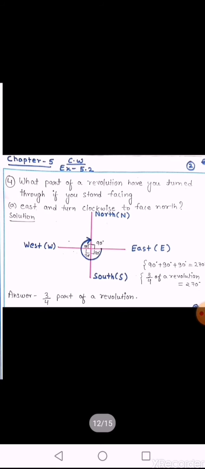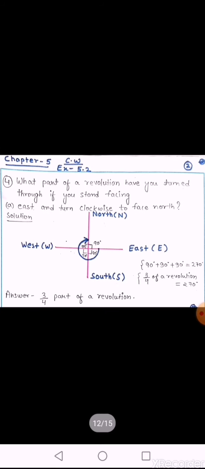Now next, see question number 4. What part of a revolution have you turned through if you stand facing east and turn clockwise to face north? In this you have to find how many parts of a revolution you have to move.